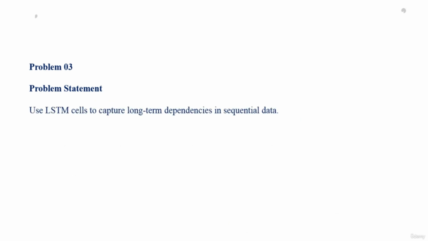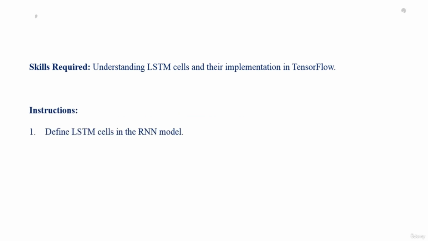Problem 03. Problem statement: use LSTM cells to capture long-term dependencies in sequential data. Skills required: understanding LSTM cells and their implementation in TensorFlow. Instructions: define LSTM cells in the RNN model.